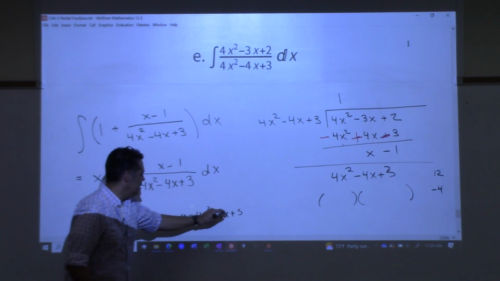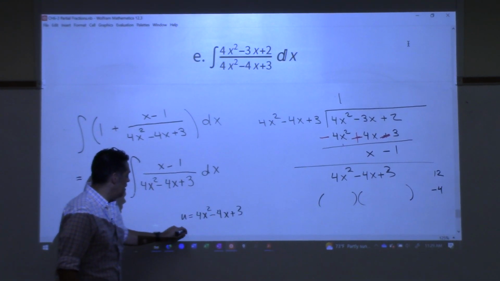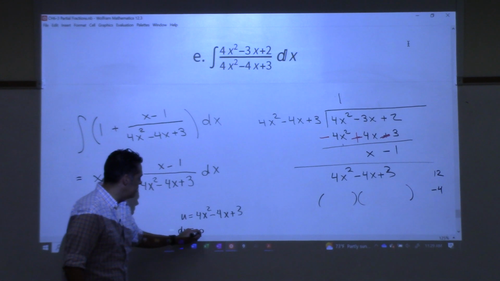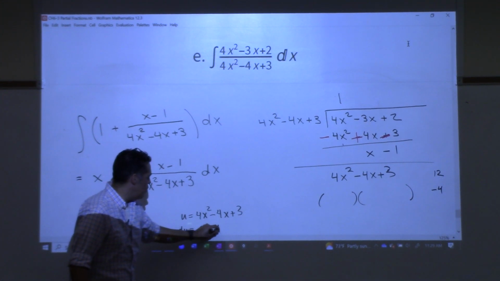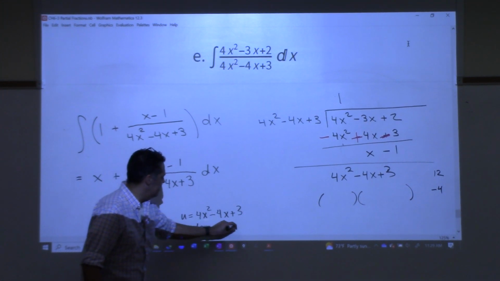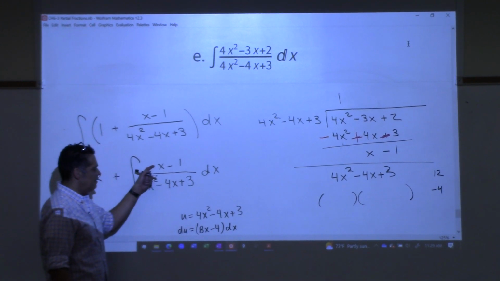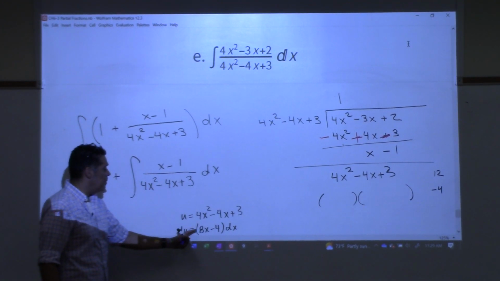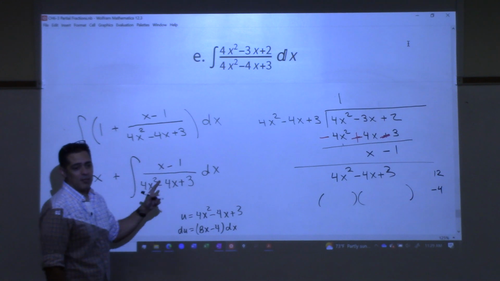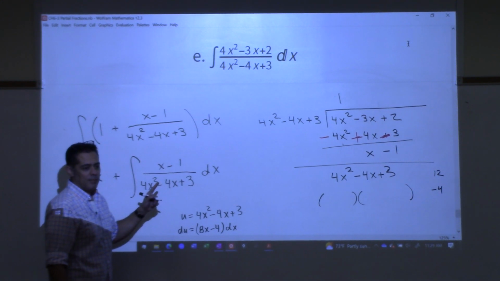It's off by a little bit, so the derivative of that would be 8x minus 4, dx, and that's not that. You could pull out a 4, but then you'd have 2x minus 1, not x minus 1. That's off by a constant.